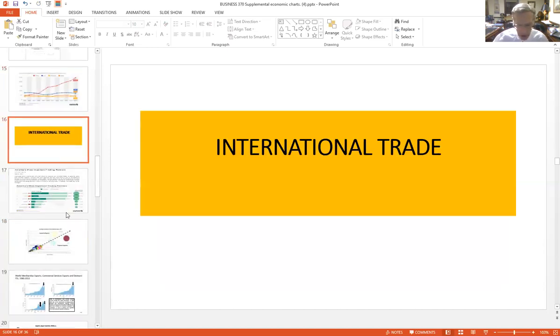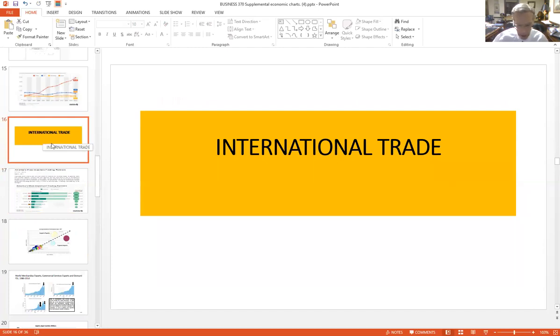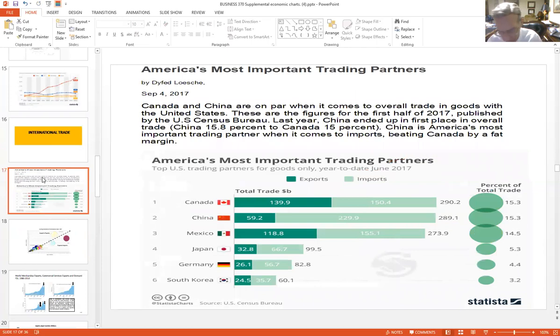So now we'll take a look at some indicators of international trade. First thing I guess we should look at is simply who the United States trades with. You can see that our biggest trading partner, certainly in terms of exports, is Canada.